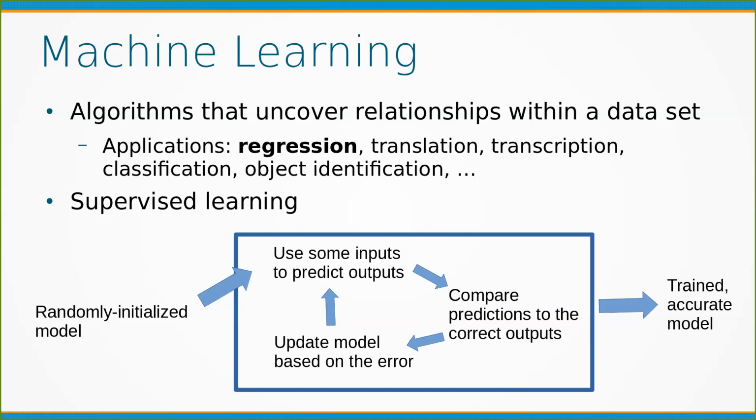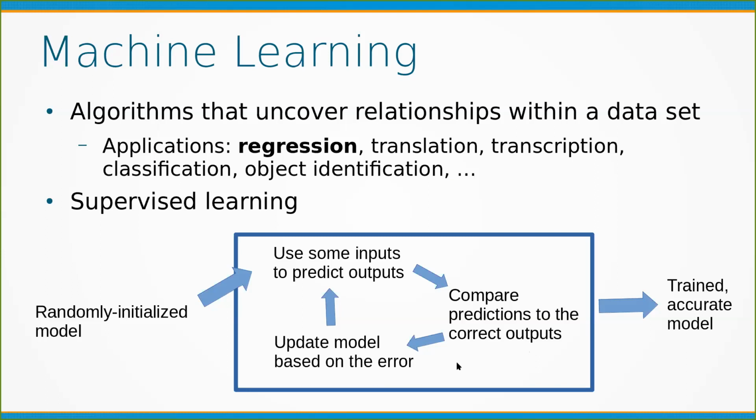This is when you know the inputs and outputs and how they relate. So in the case of exoplanets, if we have some input atmosphere, we know exactly how to calculate the output spectrum. And using that knowledge, we can train a machine learning model to do that for us. The general workflow for that is you start out with some random model that does very poorly. It's going to take some inputs and make a prediction. You compare the prediction to what you know the answer should be.